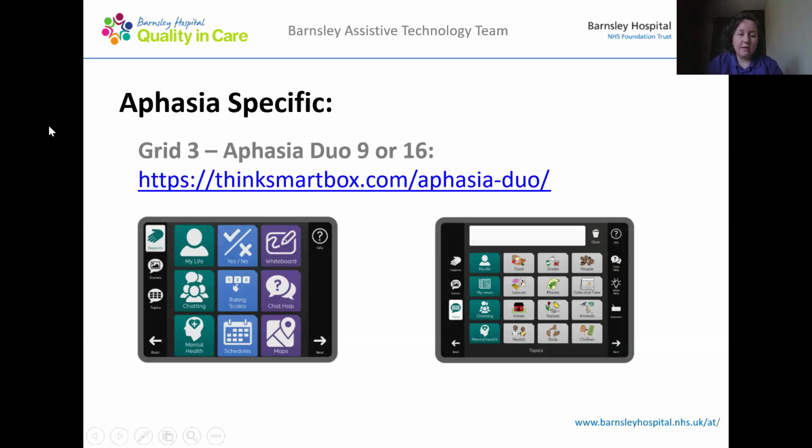It's got phrases about mental health, like positive affirmations they can tell themselves, or telling other people about mental health difficulties they're experiencing. It has rating scales, so giving their opinion on a scale of 1 to 5.